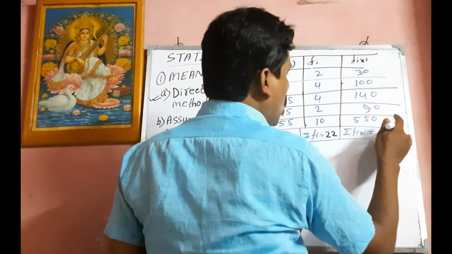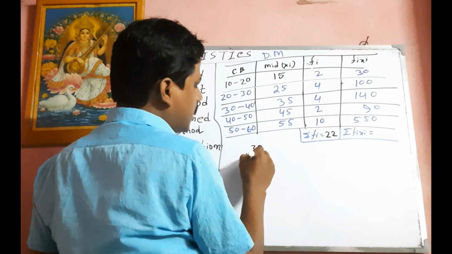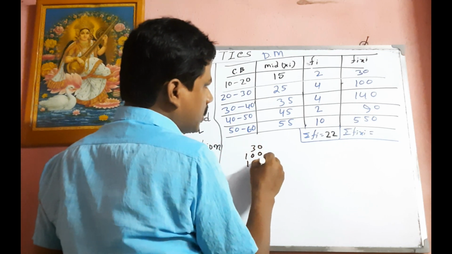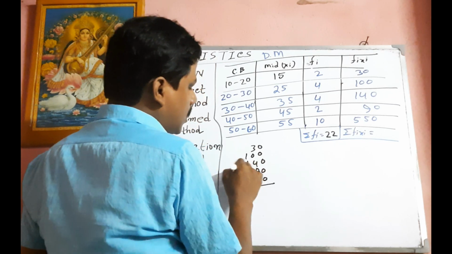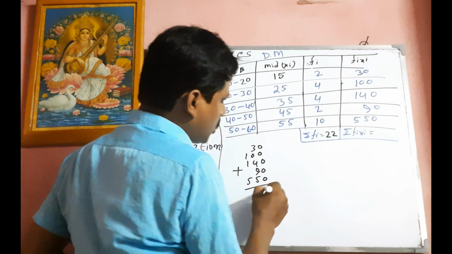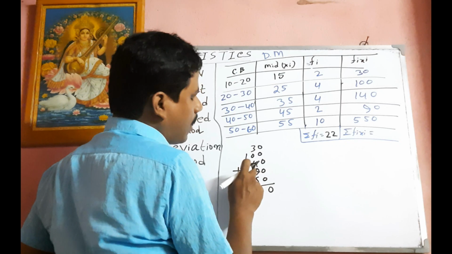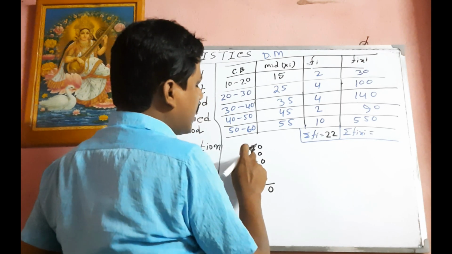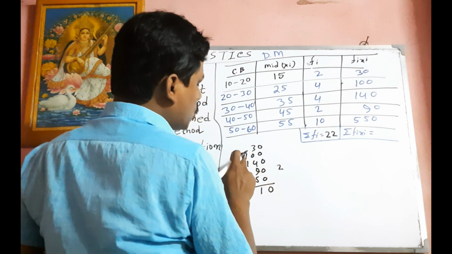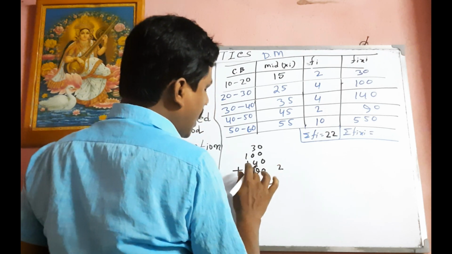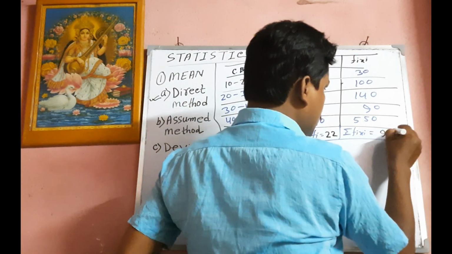Now the sum of fi xi: 30 plus 100 plus 140 plus 90 plus 550. So this will be 910.